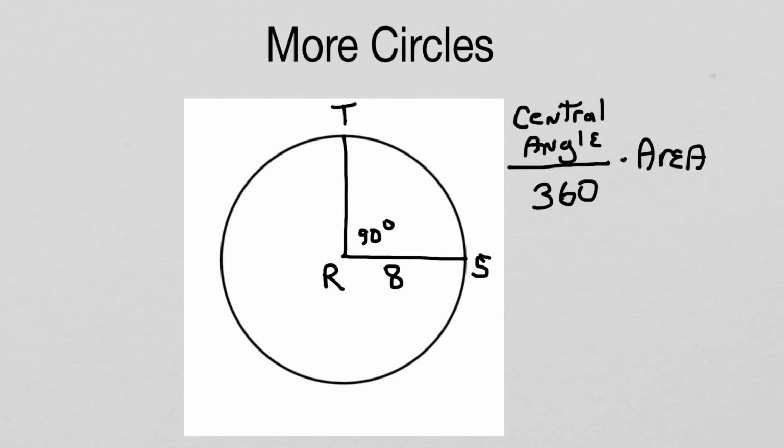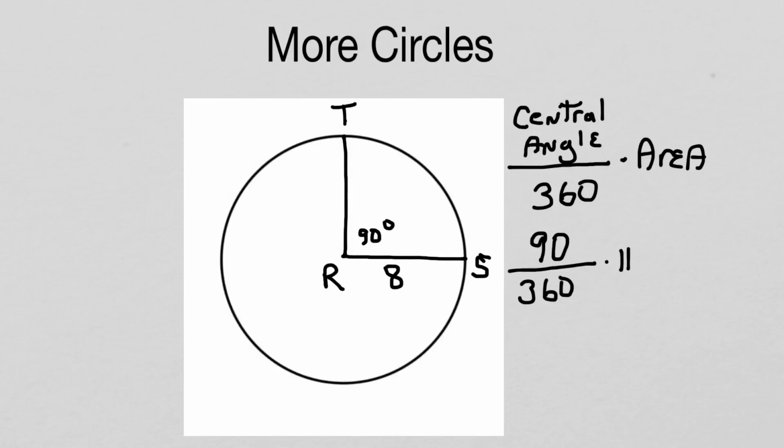Let's do the math on this one. Central angle is 90, divided by 360, times the area of a circle.